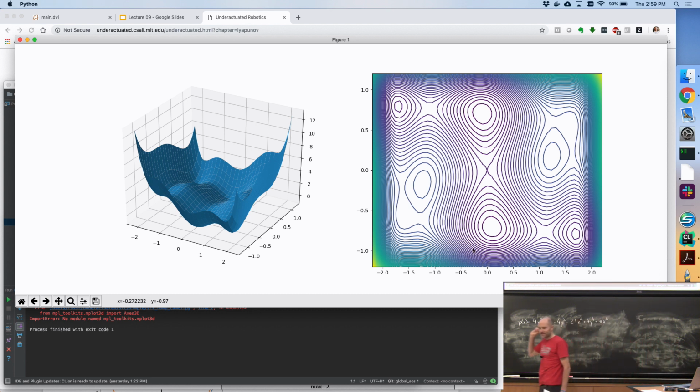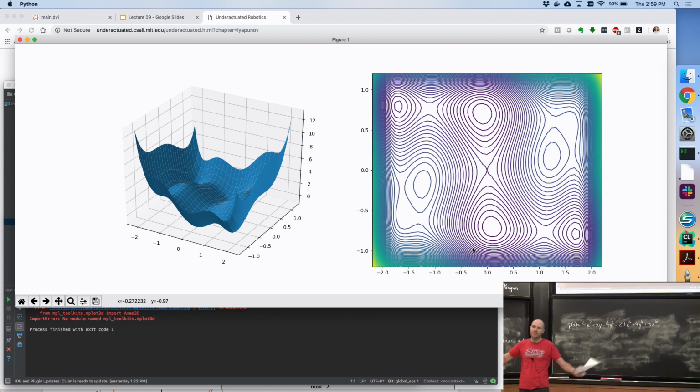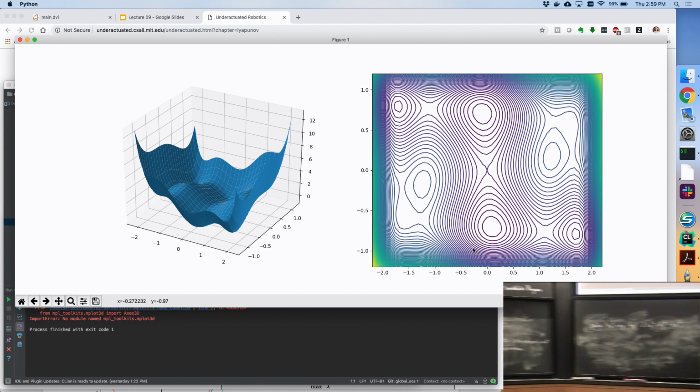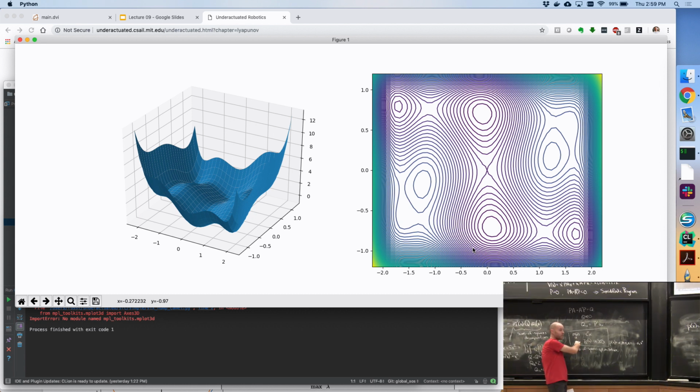So finding the minimum of that should be a hard problem, right? Of course, harder in high dimensions. I could just check enough times on this, but how do I write an optimization that finds that? It turns out sums of squares. This formulation is a convex optimization problem that can find the minimum of that function. Right?